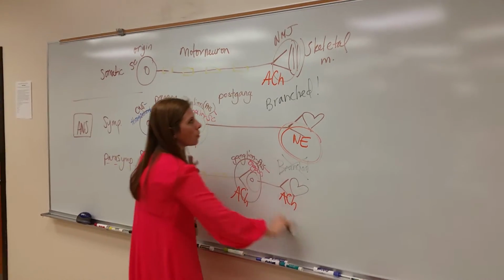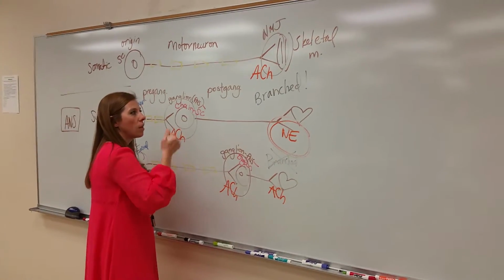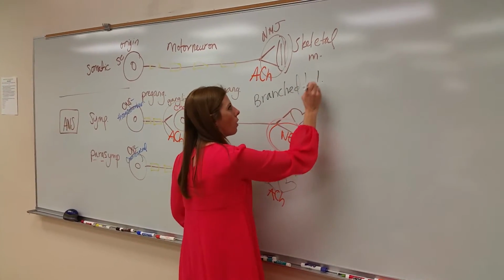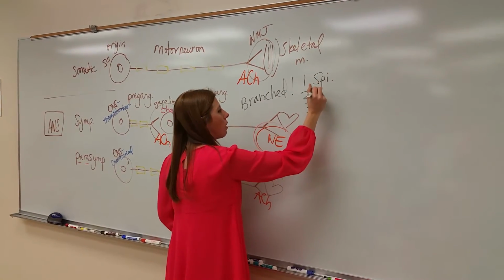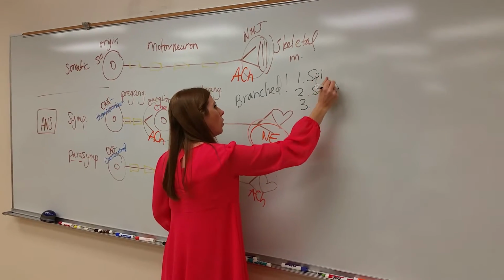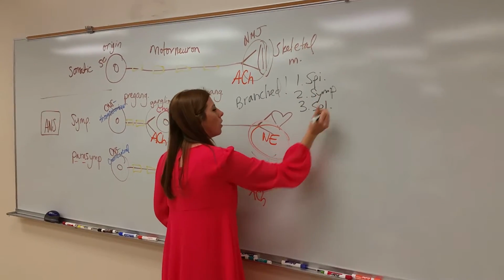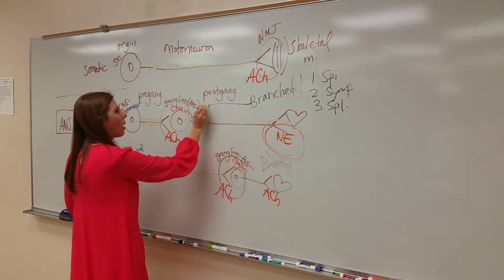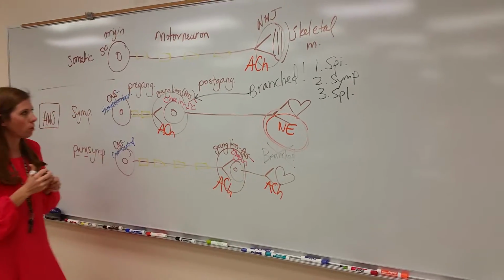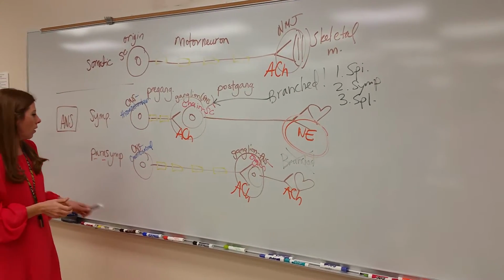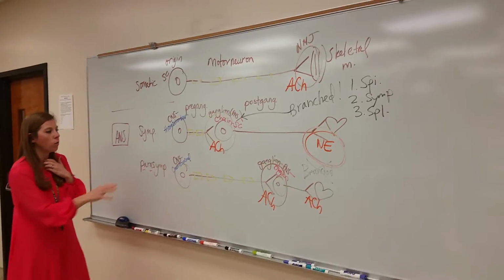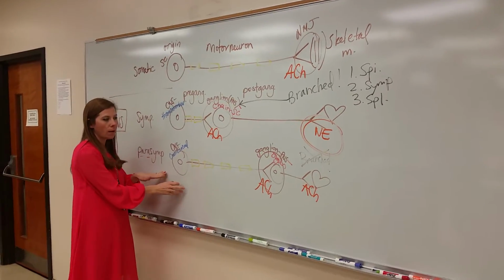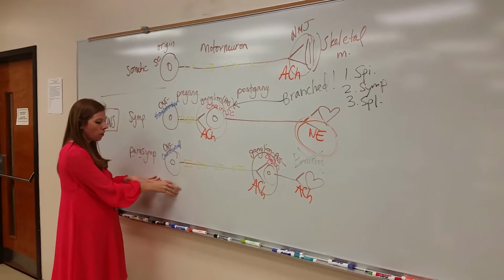Write somewhere to remind yourself that the sympathetic is heavily branched and can go one of three different ways: it can form a spinal nerve, a sympathetic nerve, or a splanchnic nerve. This branching actually happens over here, but it's too crowded to write it there. The parasympathetic is not heavily branched, but you have to tell me the specific names of the preganglionic nerves.